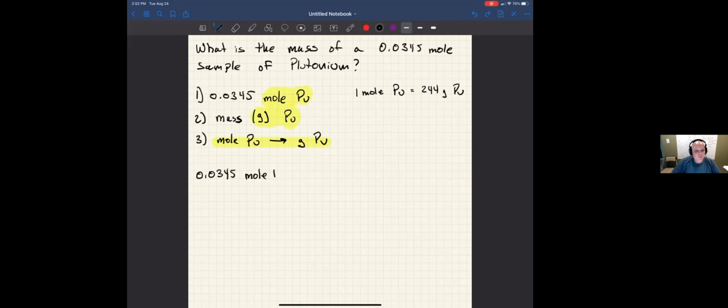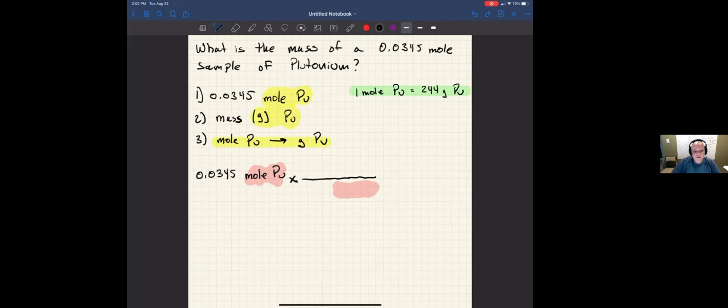So I'm going to write down what I'm given, 0.0345 moles of plutonium. In my plan, I've got 1 step, so that means 1 conversion factor, or 1 per expression. And in order to figure out how to write the per expression, I want to examine the units. This is the unit analysis part. So I'm going to use this equality, and in order to write the correct per expression, I know that I have moles of plutonium in the numerator, and I need to cancel that out.